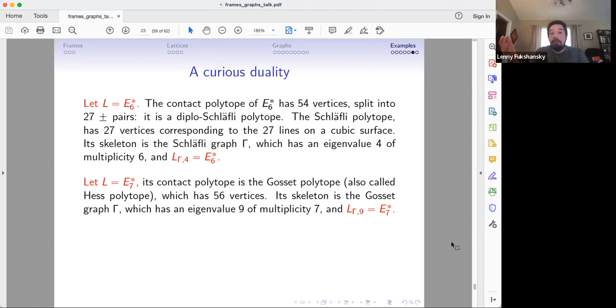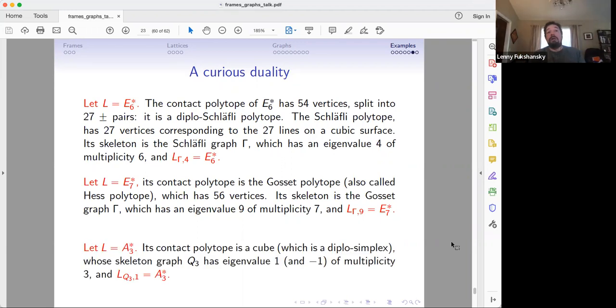Its contact polytope happens to be the gossip polytope, with 56 vertices. The skeleton is the gossip graph, which has eigenvalue 9 of multiplicity 7. I apply our construction, and we get E7 star back. One more.